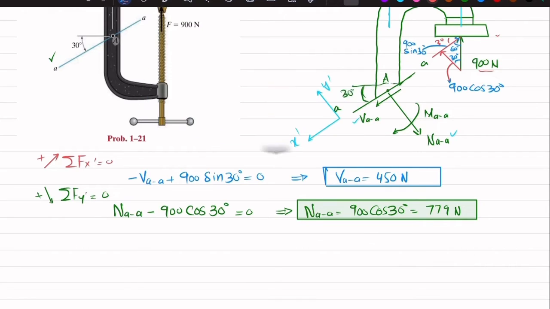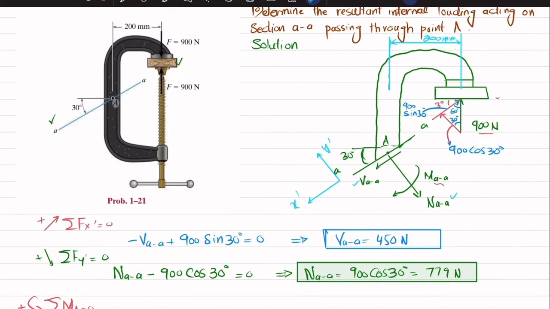We will find this moment MAA. So we will apply the equation of equilibrium that sum of all moments about point A is equal to 0, taking the counterclockwise moment as positive. About point A, one moment is MAA, which is clockwise, so it will be negative. The second moment about point A will be this load 900 into perpendicular distance 200 millimeter, and this is producing counterclockwise, so it will be positive.